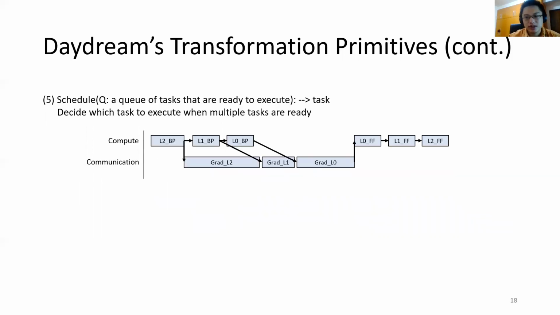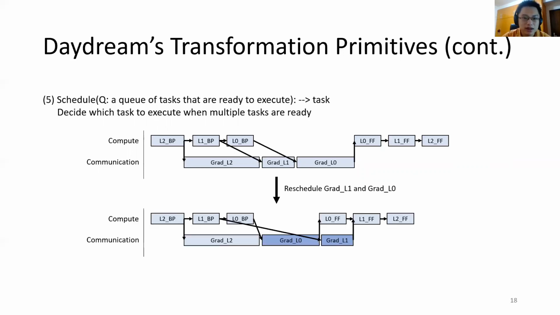The last primitive allows users to reschedule the execution of the graph's tasks to achieve better overlap. For example, for the timeline shown below, one can switch the order of gradient exchange of L1 and L0, leading to a timeline that looks like this.